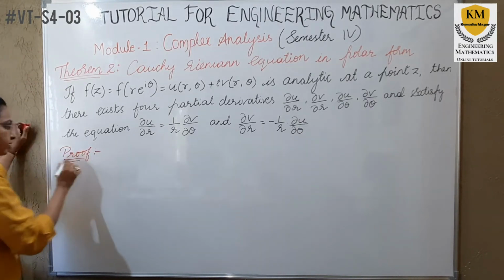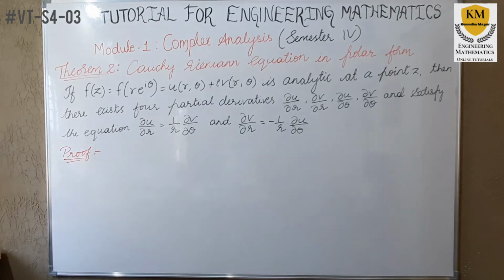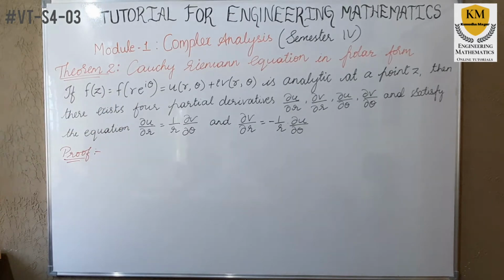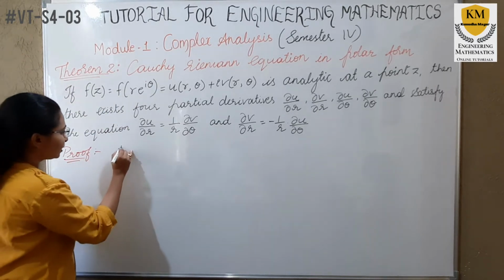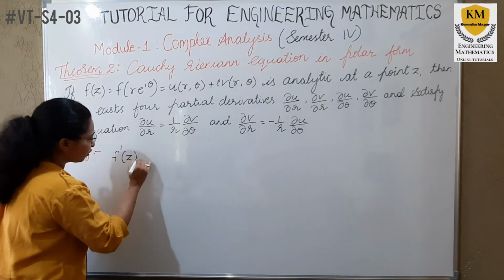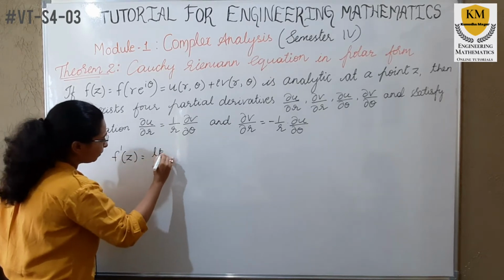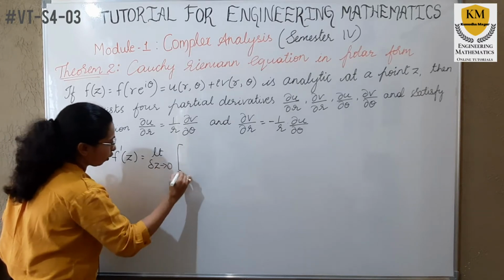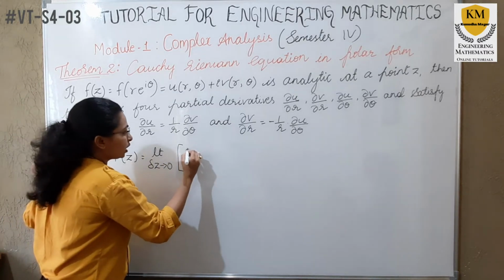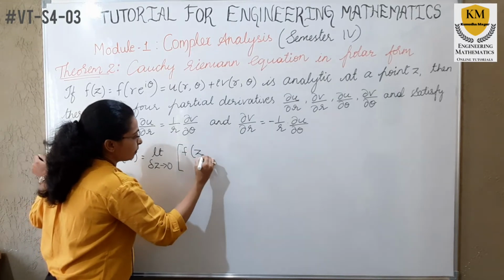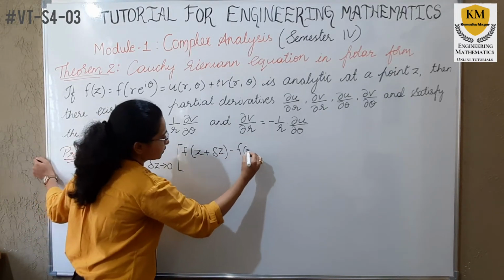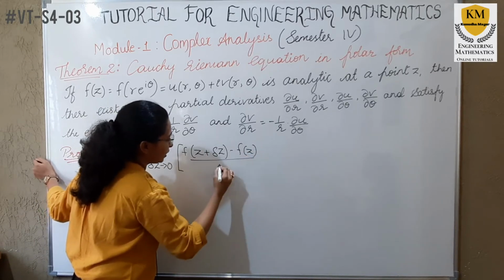So you must understand here, I am just going to consider f of z is analytic at a point z. According to us, what is the definition of f dash of z? We have already studied this. f dash of z is equal to limit del z tends to 0 of f of z plus del z minus f of z divided by del z.